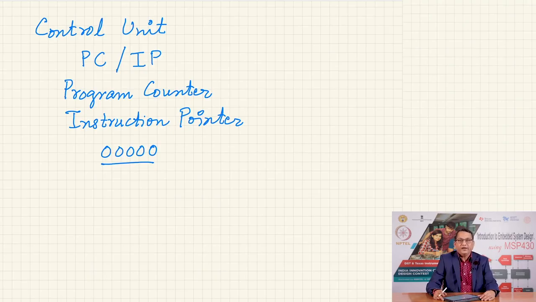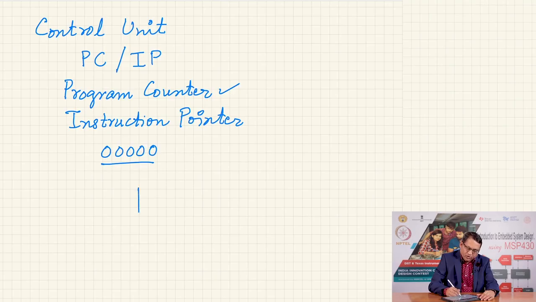If you do not reset, initialize the flip-flops that make the program counter or instruction pointer, then it may emit arbitrary values on the address bus, and it would be a very chaotic situation. So, to ensure that every time power is applied to the microprocessor or the microcontroller, it starts with a known internal state, it is very important that you reset.